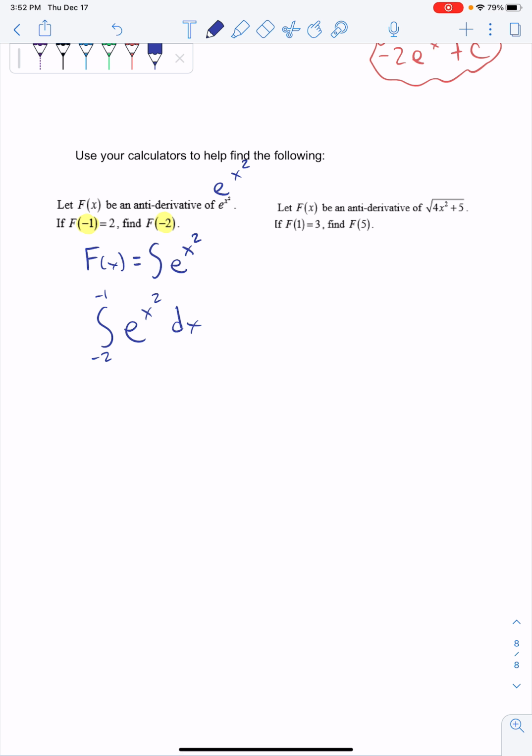Now here's why I want to do that. Because the fundamental theorem of calculus tells me that I can take big F of the top, which is -1, minus big F of the bottom, -2, and I'm going to get this integral.